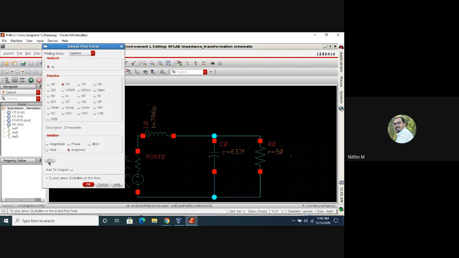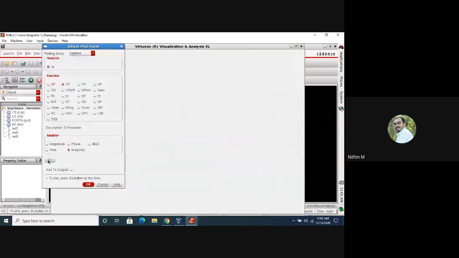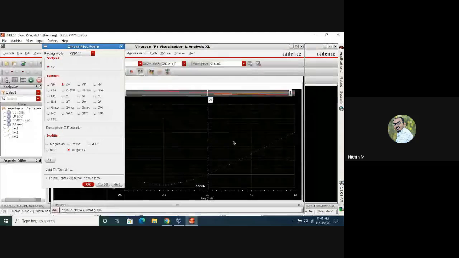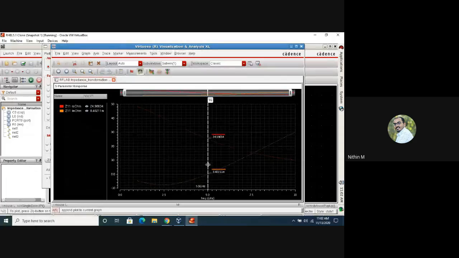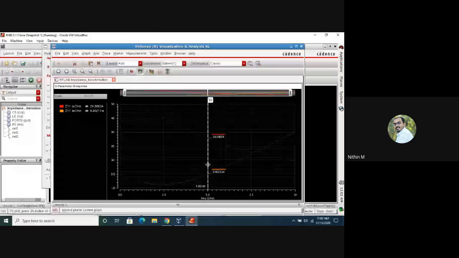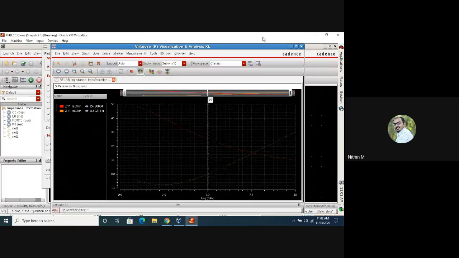If I click and plot the imaginary component at 5 giga, you can see it is close to 8.4 milli, which is close to 0. So this is the real component and this is the imaginary component obtained.